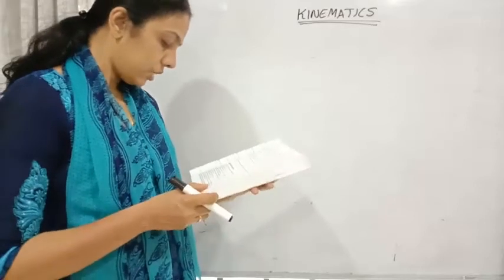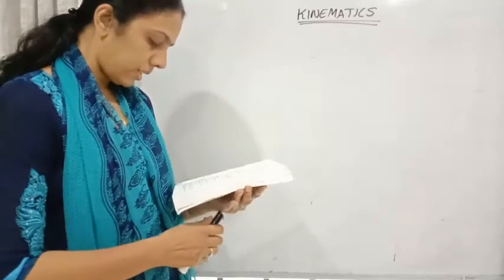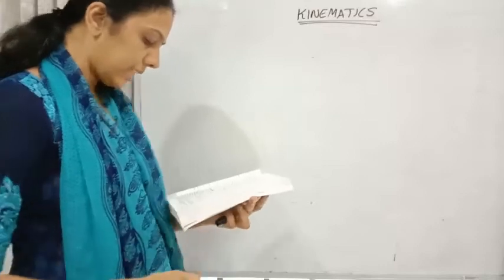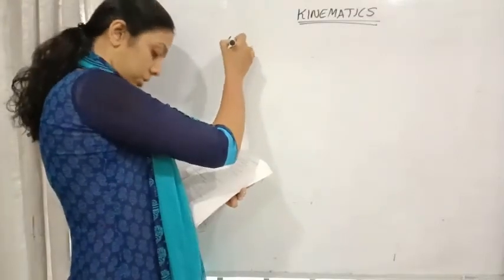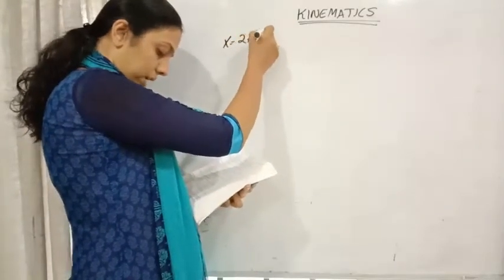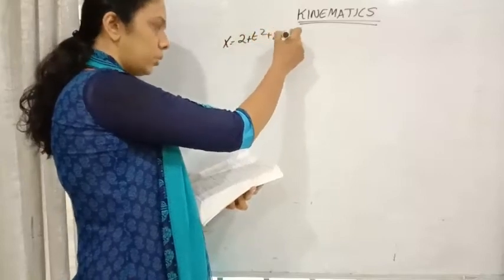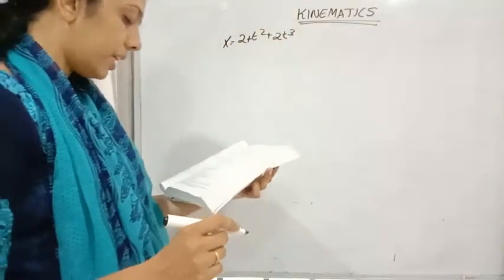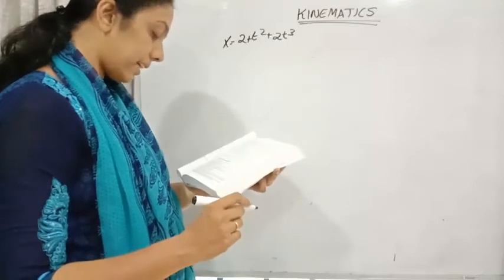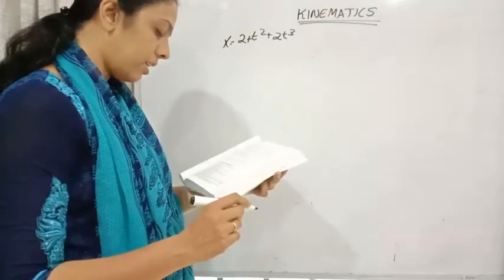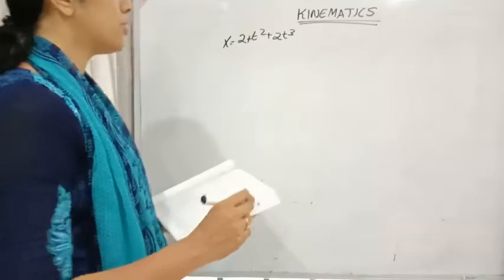So the next question is, the x coordinate of a particle moving along the x-axis is x equals 2 plus t square plus 2t cube. Here x is in meters and t is in seconds. Find the position of the particle from where it started its journey.